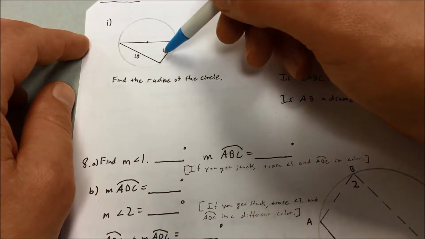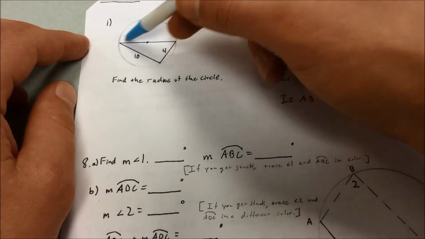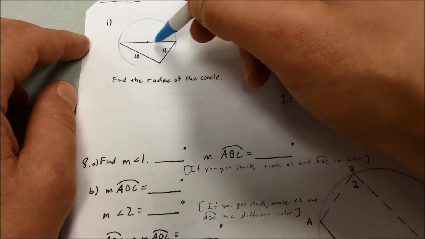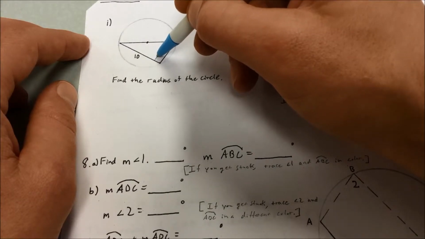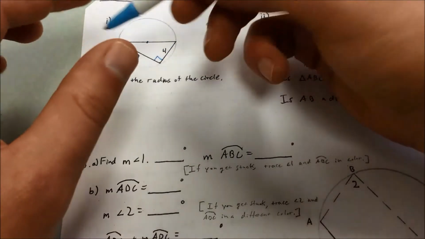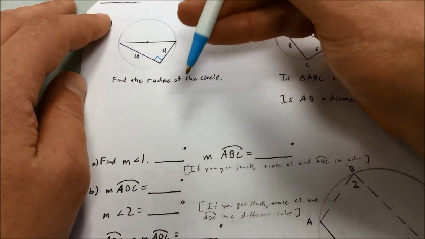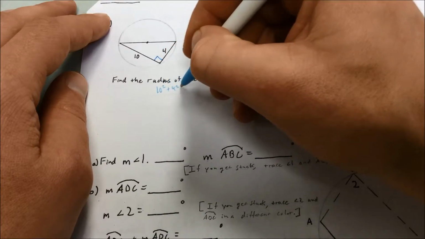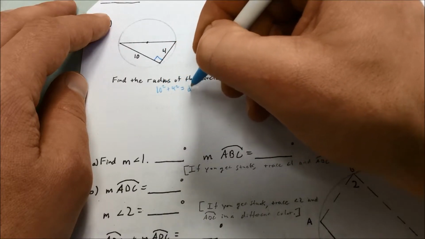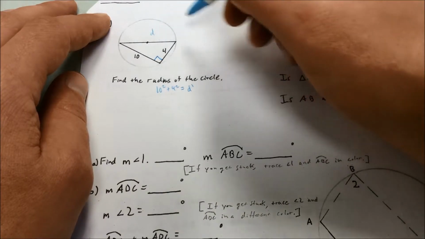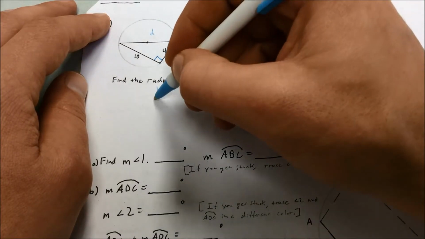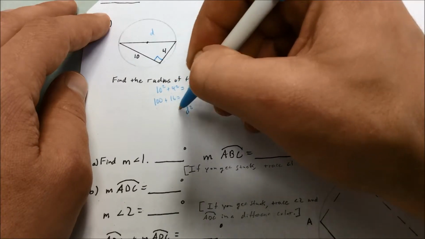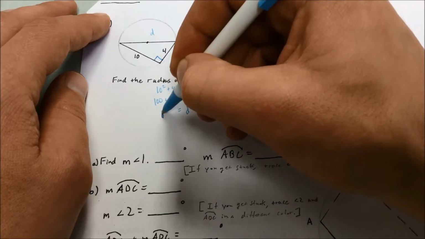Okay, next here, got to find the radius of this circle. Well, this is the diameter here, but we know that since that's the diameter, this angle right here has to be right. And if that's a right angle, we can use Pythagorean's theorem. So we're going to say 10 squared plus 4 squared is equal to the diameter squared. Call that d. So that means 100 plus 16 is d squared.